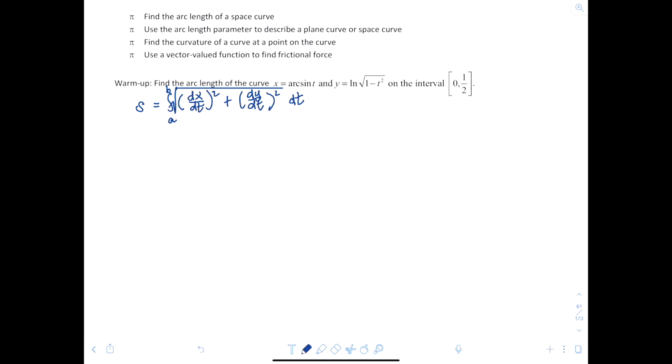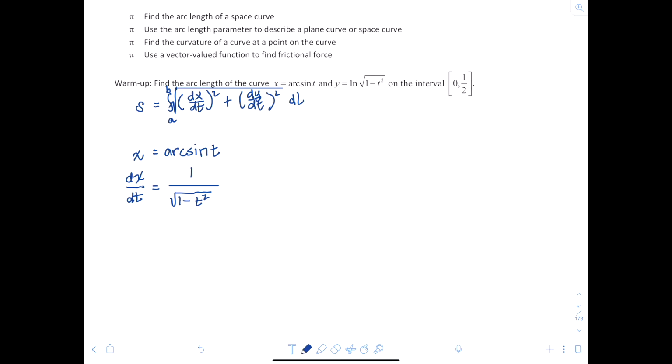Okay, well, what is x? x is equal to arc sine of t, and so dx/dt ends up being what? Beautiful. You're going to get 1 over the square root of 1 minus t squared.